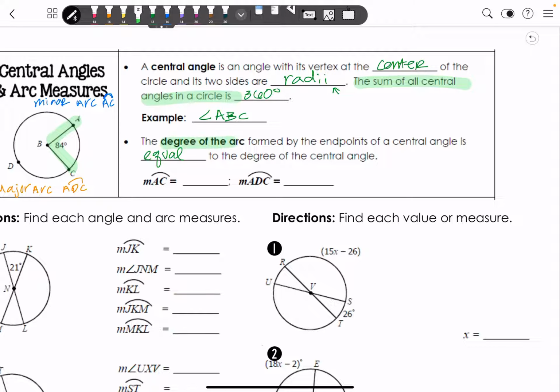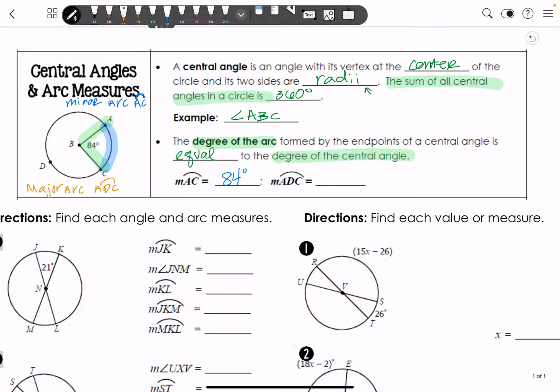So the measure of minor arc AC is going to be just 84 degrees. It's going to be the same as that central angle that's being created.